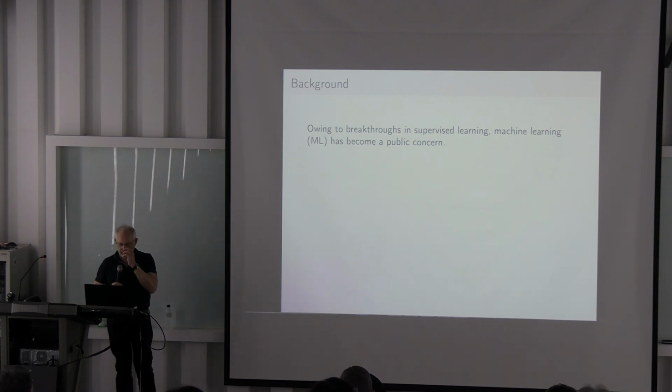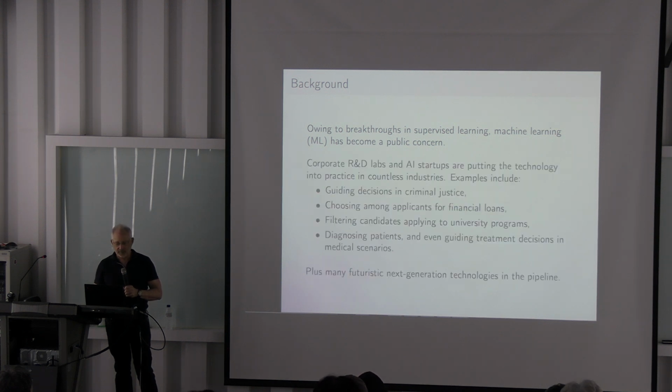So we know that there are lots of breakthroughs in machine learning, something which, when I started working on it in the late 1980s, was a very theoretical issue, but now it's widespread and became a public concern. Corporate research and AI startups use machine learning all over.